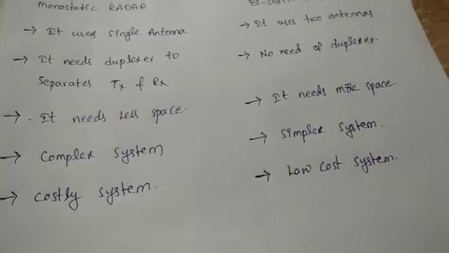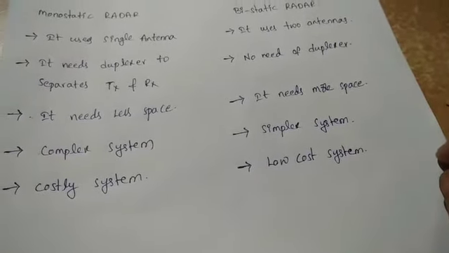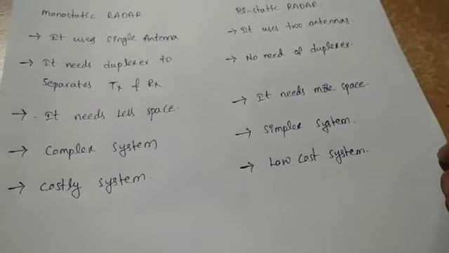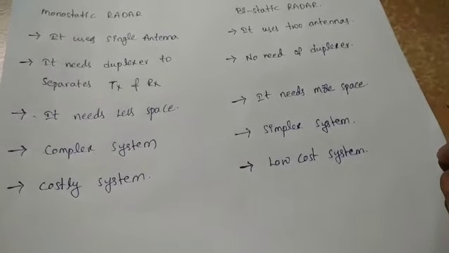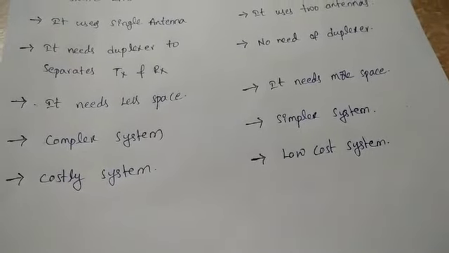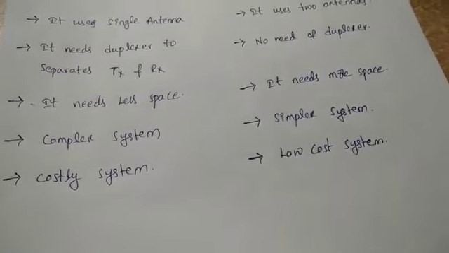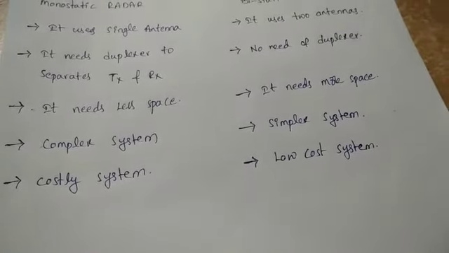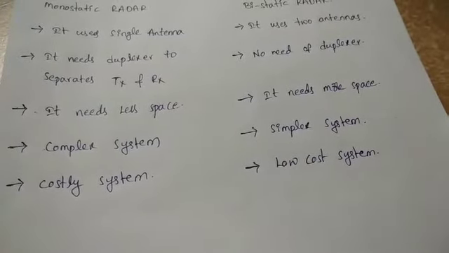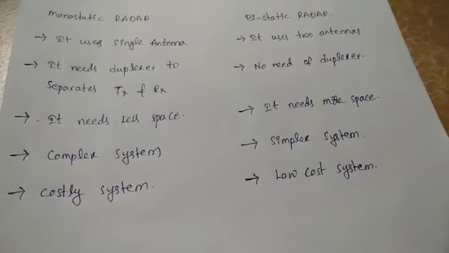In monostatic radar we need a duplexer to combine the transmitter and receiver sections, while in the bistatic radar system there is no need of a duplexer. In monostatic radar we use a single antenna, so it requires less space, while the bistatic radar system needs more space because we are using two antennas.